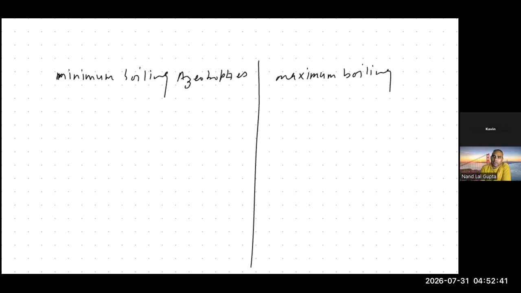Azeotropes are mixtures of non-ideal solutions. That is why the terms minimum and maximum are used.